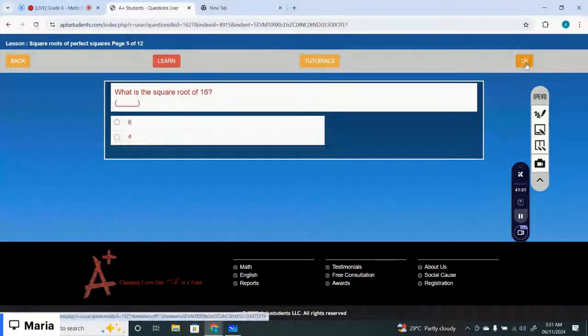What is the square root of 16, which is the correct option?